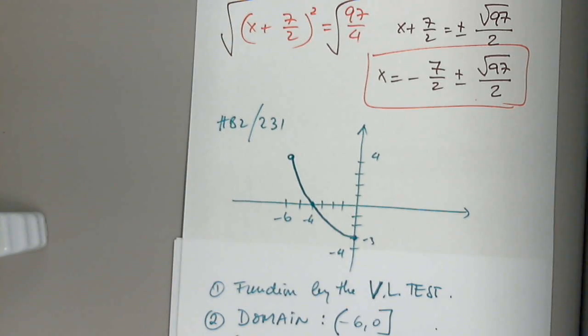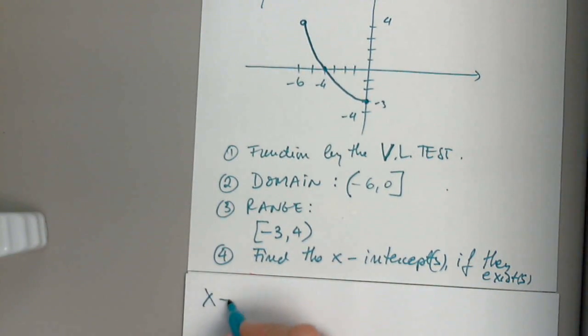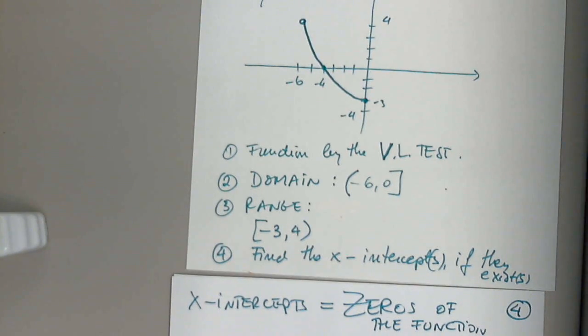Please remember this is also important, very important, especially in this class. The x-intercepts are also called the zeros of the function. Terminology is very important, like a foreign language.